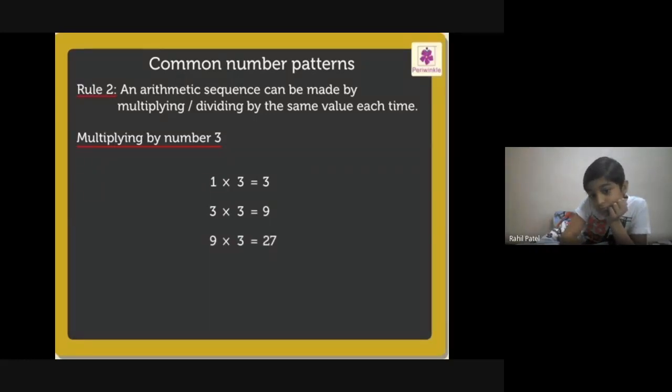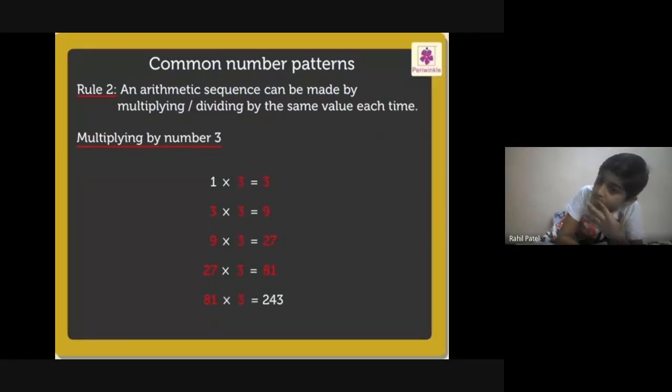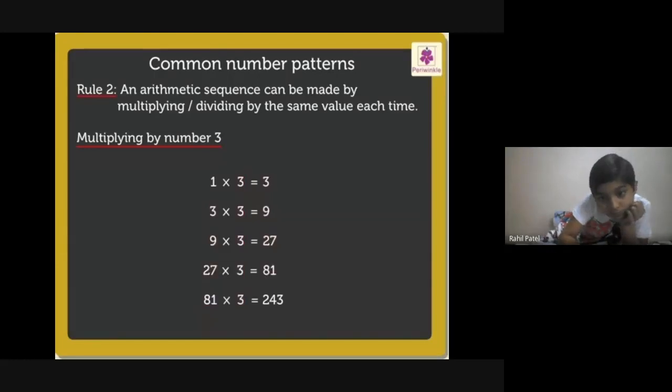Similarly, the pattern is continued by multiplying the product obtained by multiplier 3 like this. So, the sequence obtained here is 3, 9, 27, 81, 243 and so on.